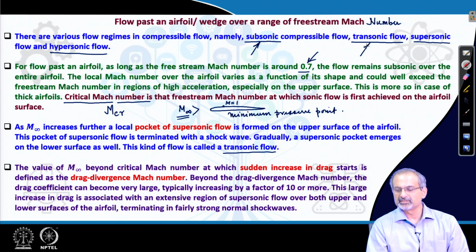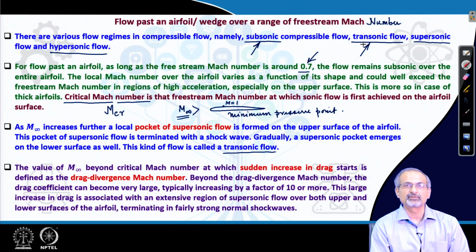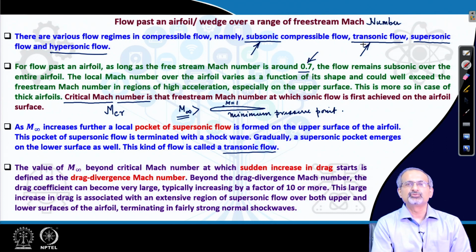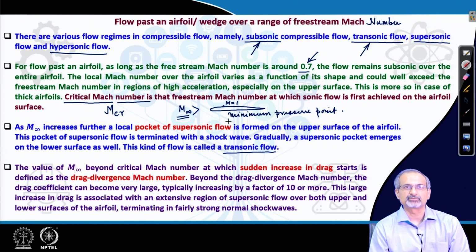If you push the free stream Mach number further, you get into the transonic flow where pockets of supersonic flow now form, and they are usually terminated by a shock at the end of the supersonic flow pocket. There could be accompanying issues of drag increase with the formation of those pockets and the terminating shocks.